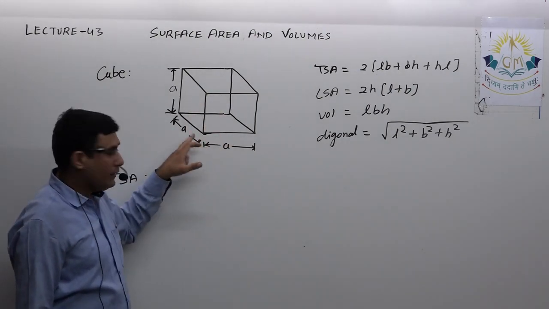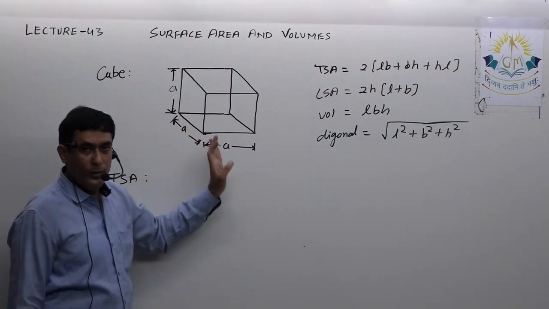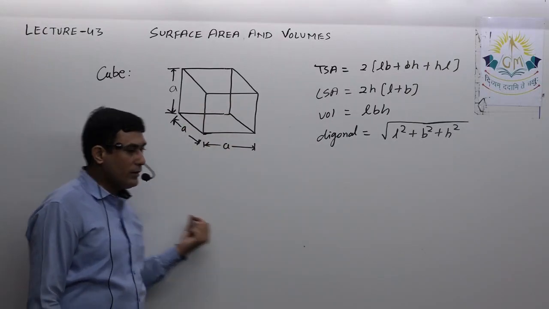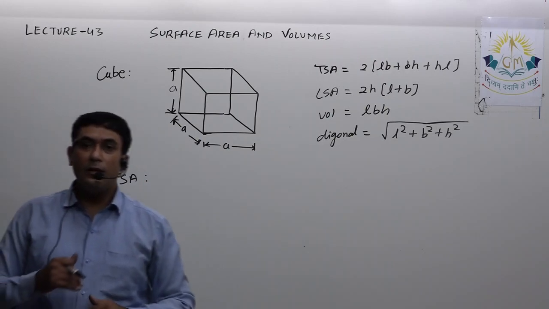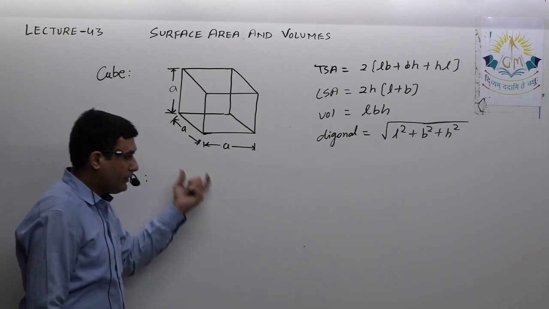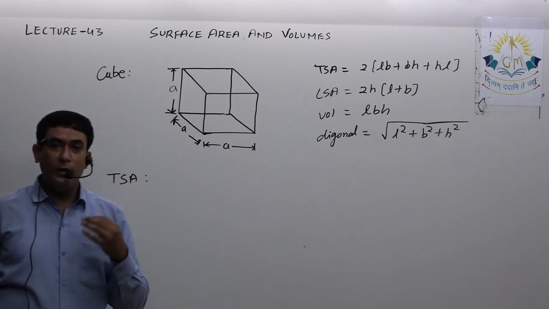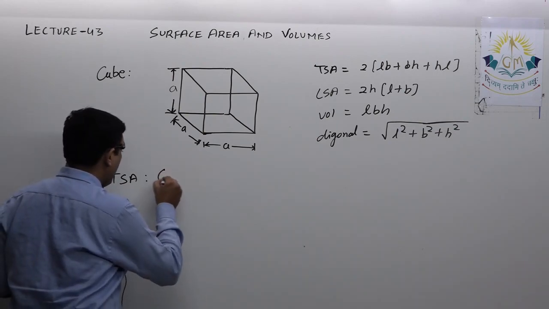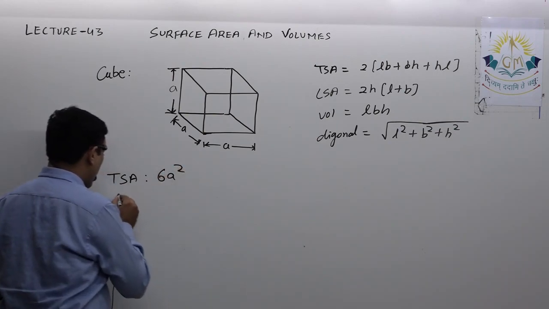All its edges are equal, so I considered L equal to B equal to H equal to A. Now, total surface area means area of all the surfaces. Area of one surface is a square, so area of all six surfaces will be 6a square.